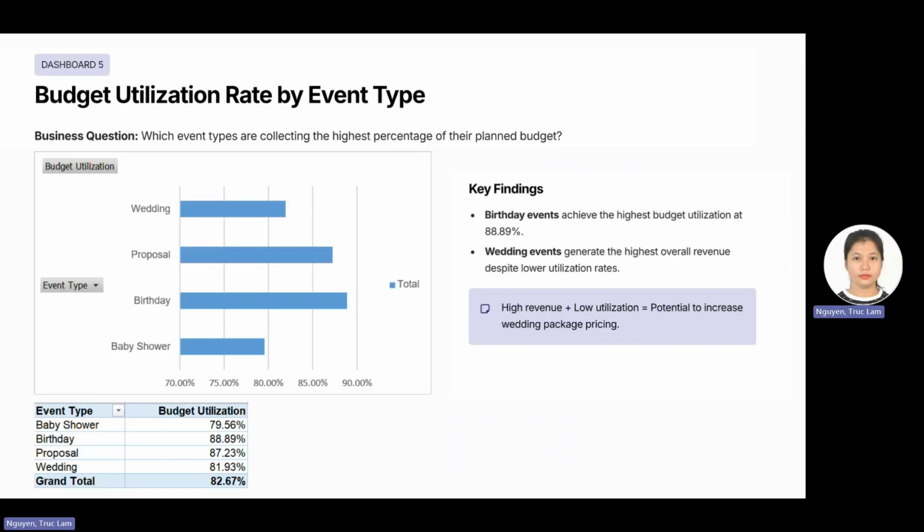The last dashboard in my project measures purchase utilization. Here we compare how much of its planned purchase has already been collected. We see that birthday events have the highest utilization rate, which suggests that payments for these events are collected more effectively.